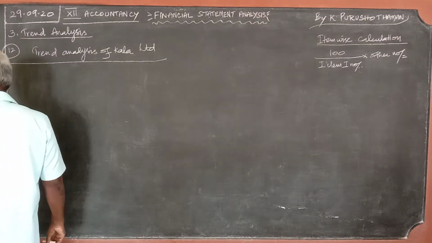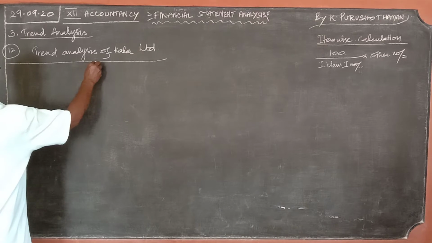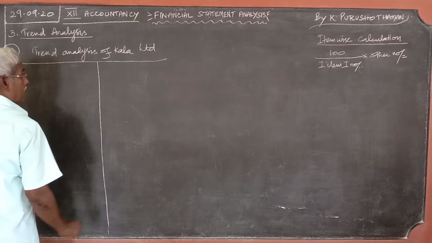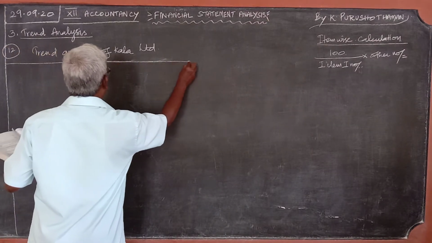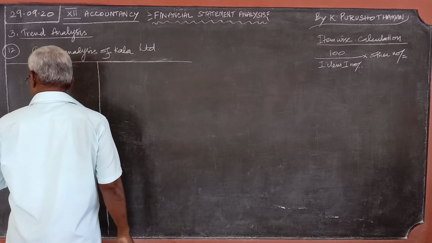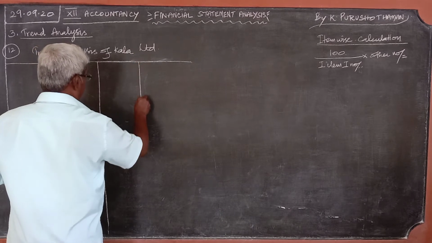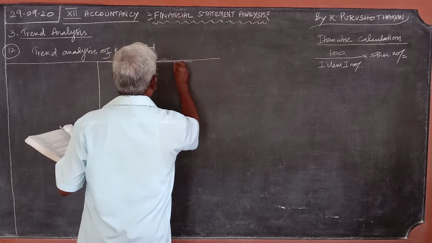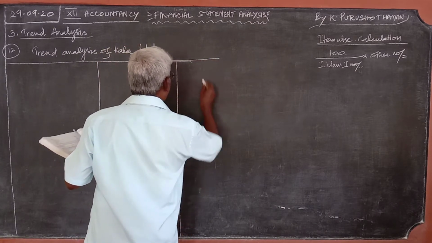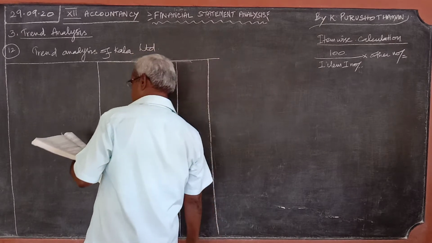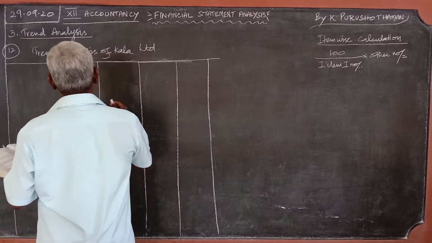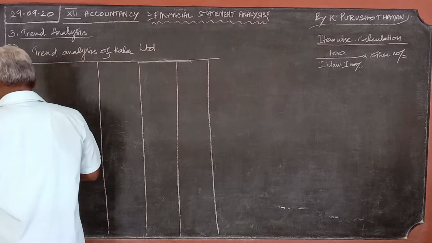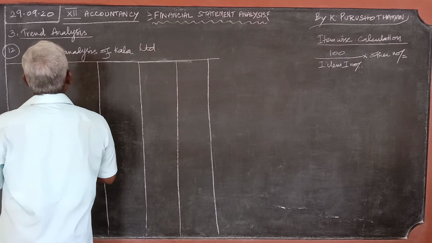Particulars, and the figures for 3 years: 15, 16, 16, 17, 17, 18. It is given in thousands.